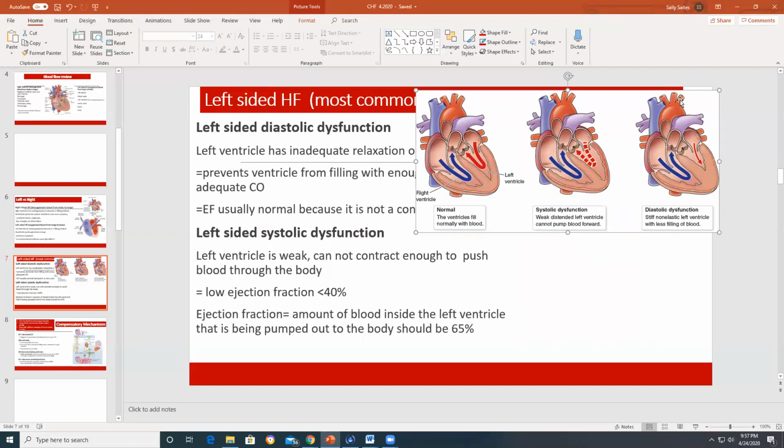So it's not going to give us enough cardiac output when looking at our preload, afterload, and our contraction.